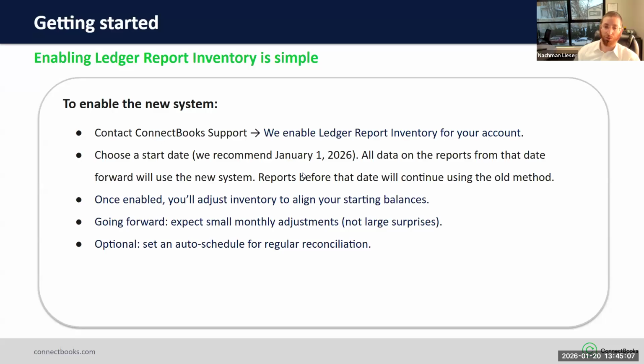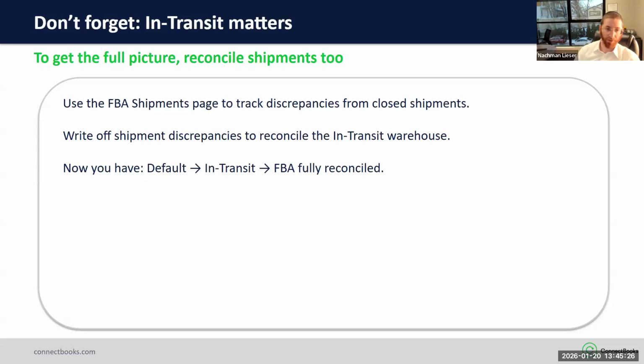Usually we'll have a start date, since the reports will be a little different. Let's say as of January 1st. Once the start date is there, you'll be able to get everything properly set up. And from there on, you shouldn't expect any huge inventory adjustments at month end.